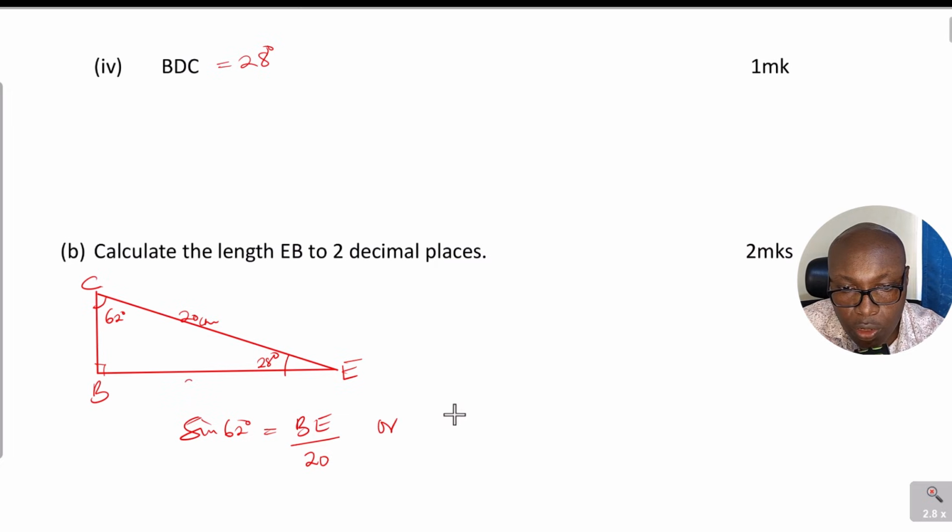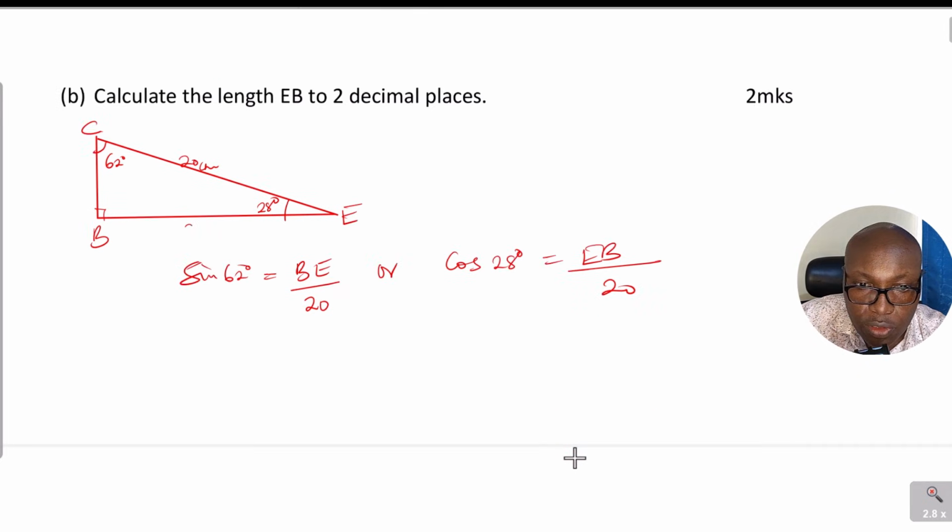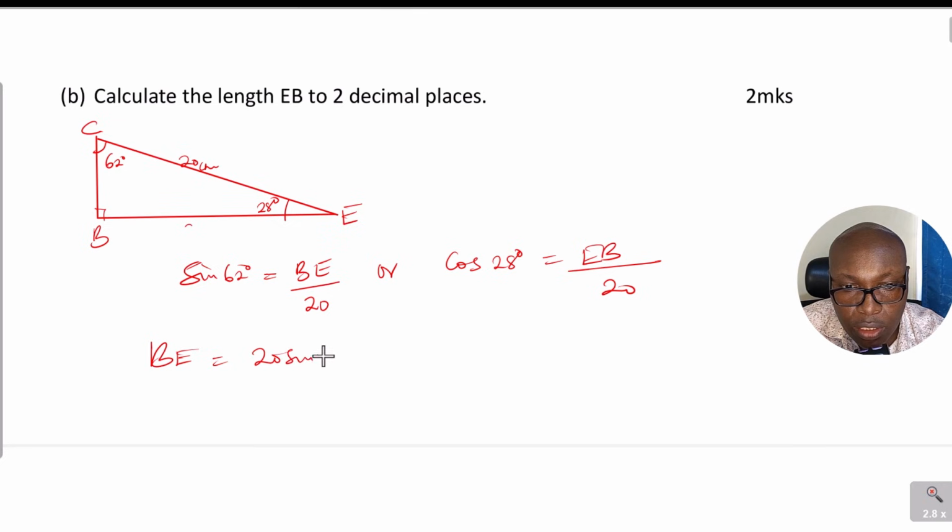Or you can use cosine of 28 degrees is equal to the adjacent side, which is EB or BE, divided by 20. Both of these will work. We will try to do that. So BE from here will be given by multiplying both sides by 20. So it will be 20 sine of 62 degrees.